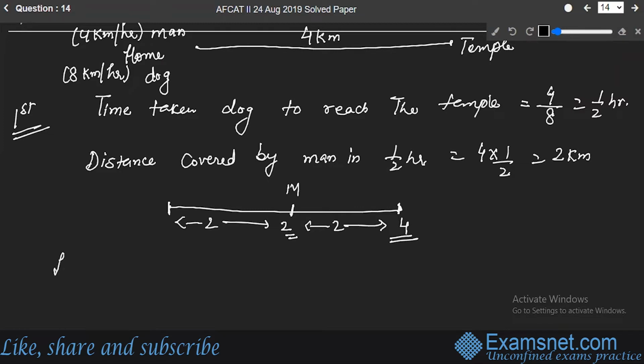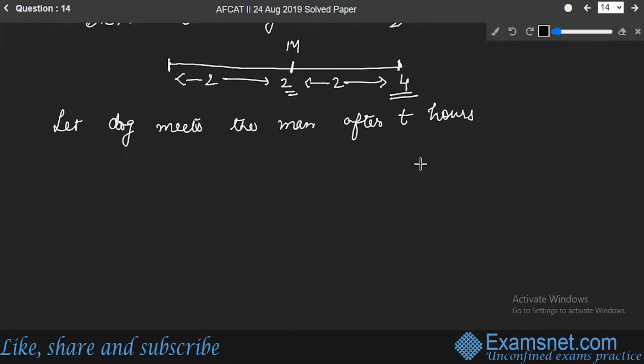Now, let's say dog meets the man after T hours. Okay, then if the dog meets a man, both meet after T hours. First of all, what is their net speed? In this case, net speed is 8 plus 4. 8 was the speed of dog and 4 was the speed of man.